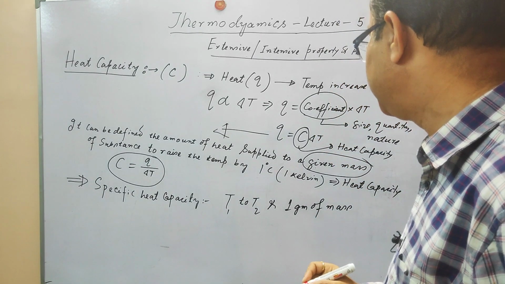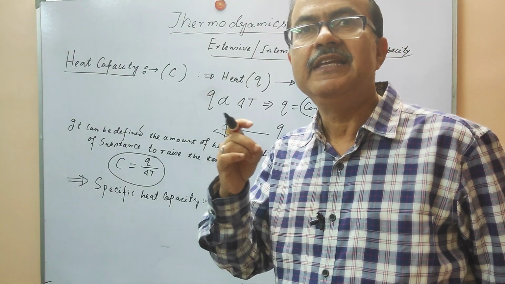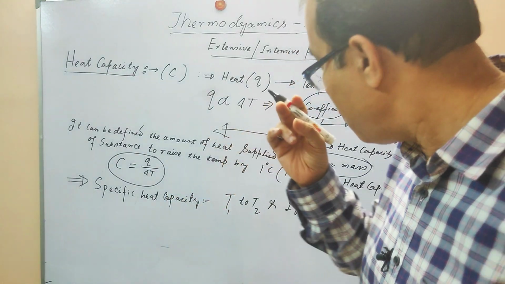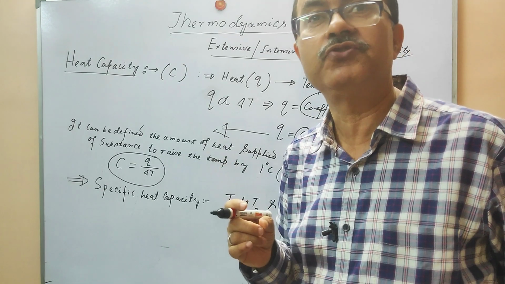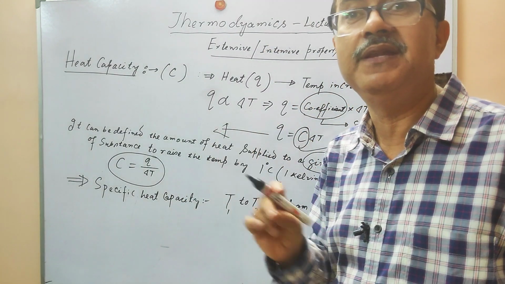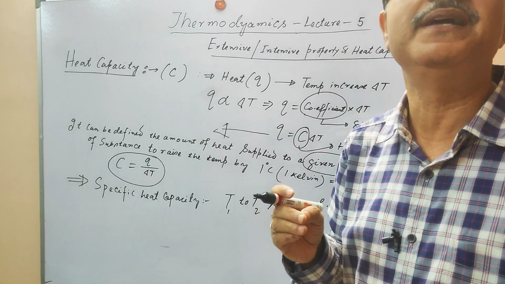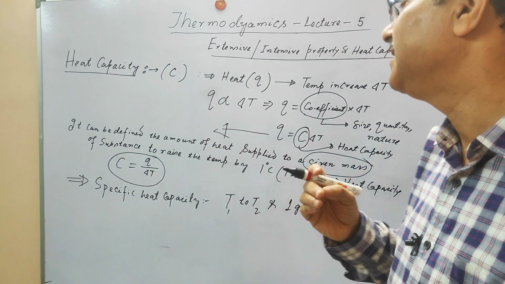When we want to increase the temperature of 1 gram of the substance by 1 degree Celsius or 1 Kelvin, then the amount of heat supplied in that case will be the specific heat capacity.